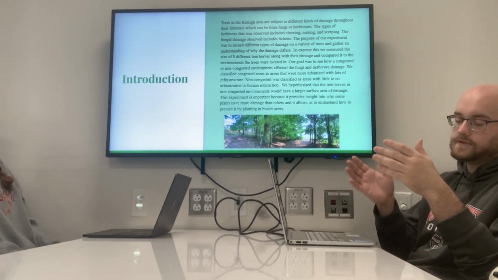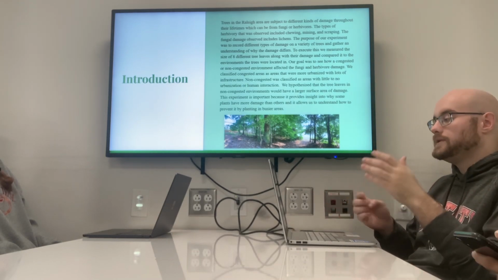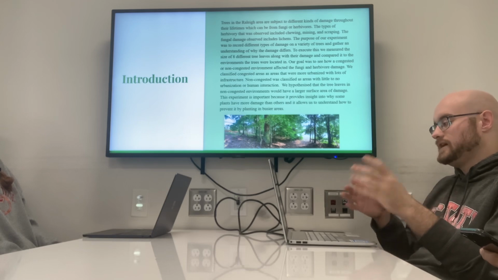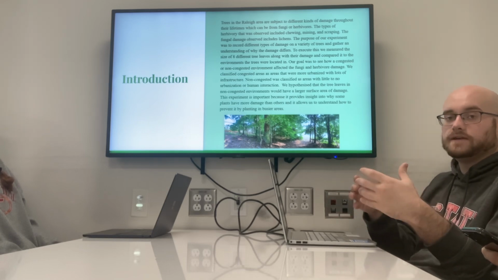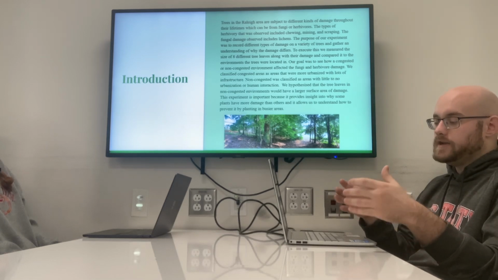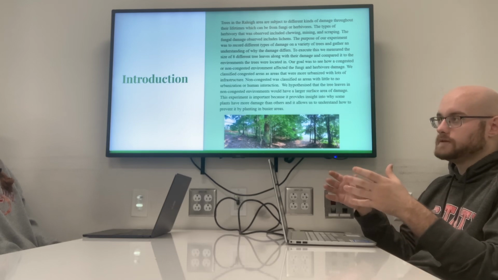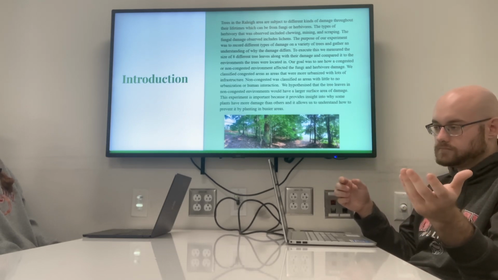For example, if it was in a congested or non-congested area. How we defined that was a congested area was one that was more urbanized and had a lot more human interaction in it. And a non-congested area was an area with a lot less. So for example, a forest, a lake, a park.